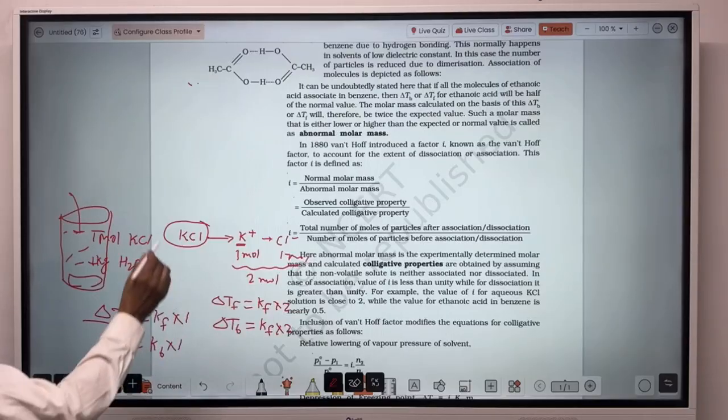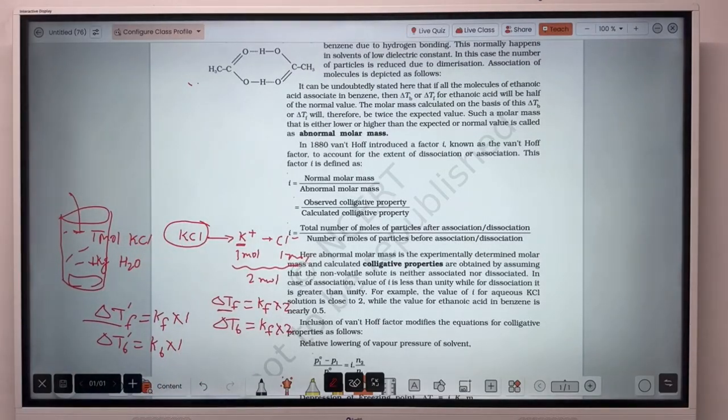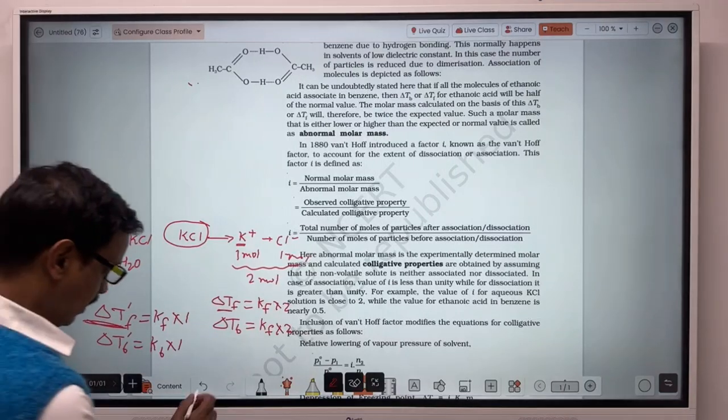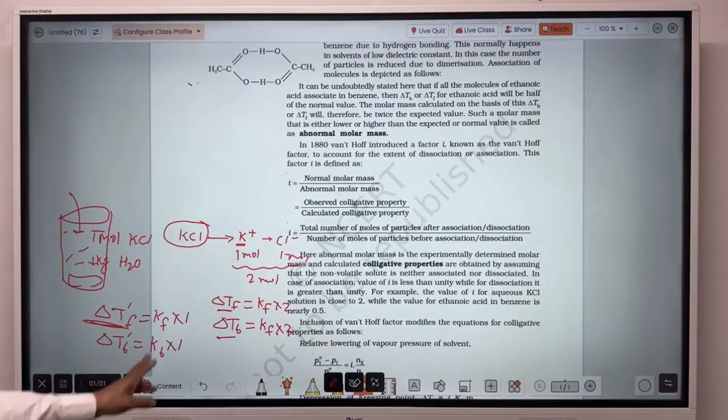Here, consider delta Tf dash and delta Tb dash. The observed colligative property is delta Tf and the calculated colligative property is delta Tf dash. In the same way, the observed elevation in boiling point will be delta Tb and the calculated value will be delta Tb dash.